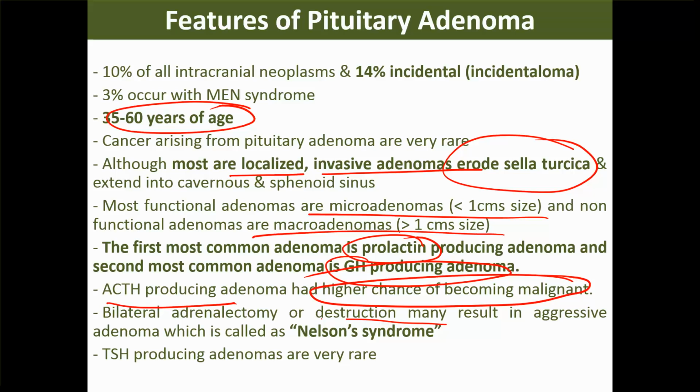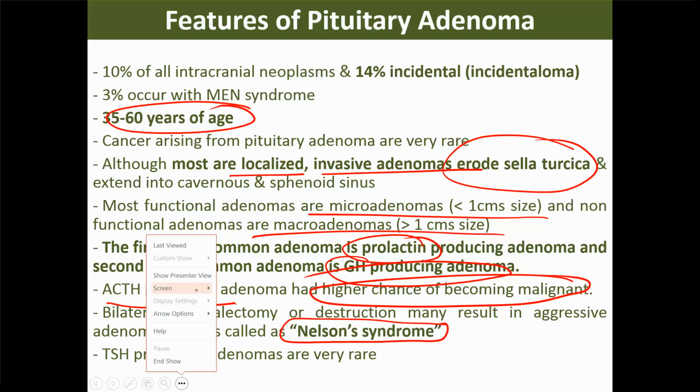And now coming to the Nelson syndrome, let me explain here. Okay, now let us take a condition. The person is 50 years of age and he had some renal cell carcinoma, and this renal cell carcinoma is involving the adrenal gland.